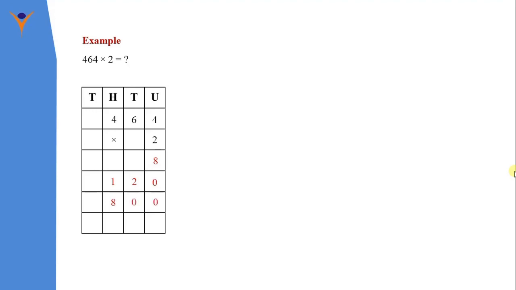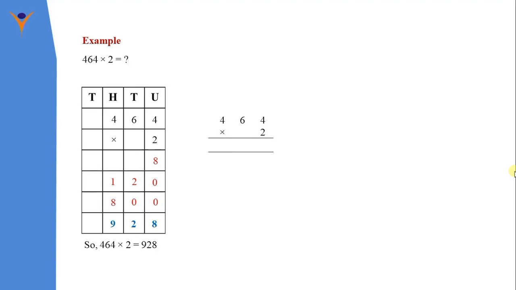Now we add up. 8 plus 0, 0 is 8. 20 plus 0, 0 is 20. And then 1 plus 8 is 9. Good. 928.